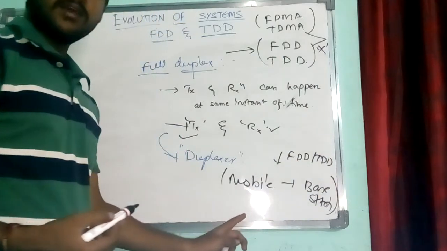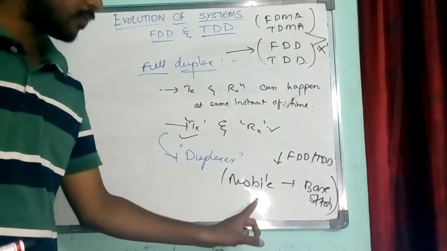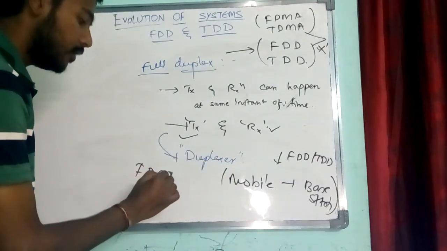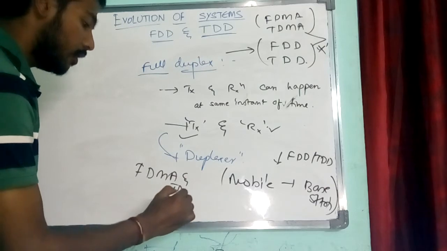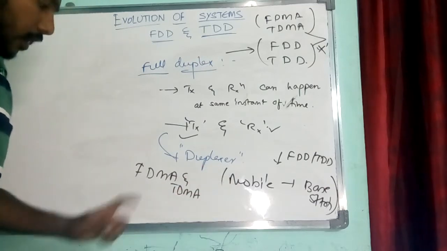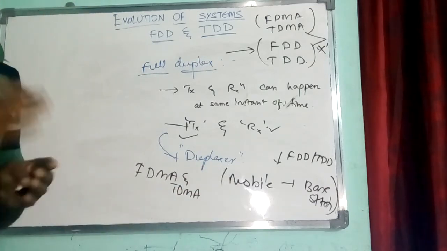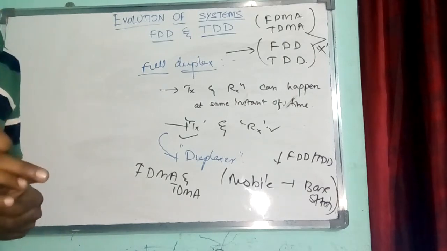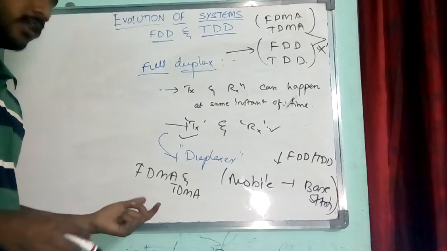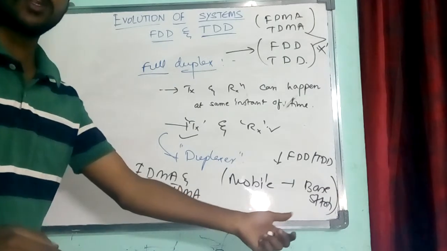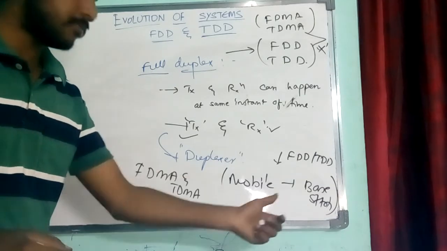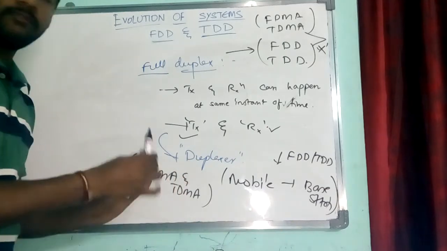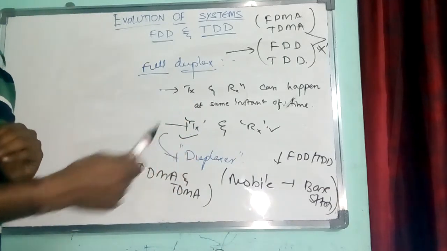Whereas FDMA and TDMA refer to the channel division in a particular spectrum or particular band of frequencies. This refers to the channels, whereas that refers to the communication between mobile and base station. So these two are completely different in their respective aspects.